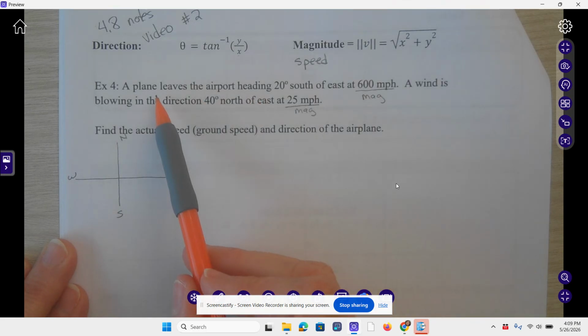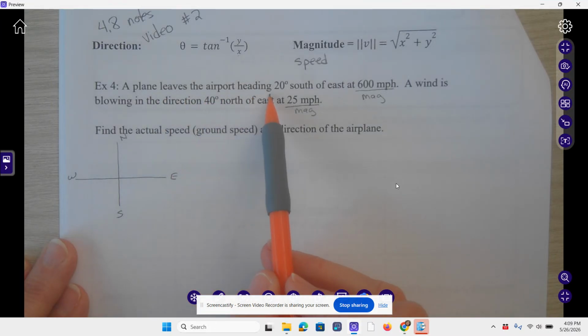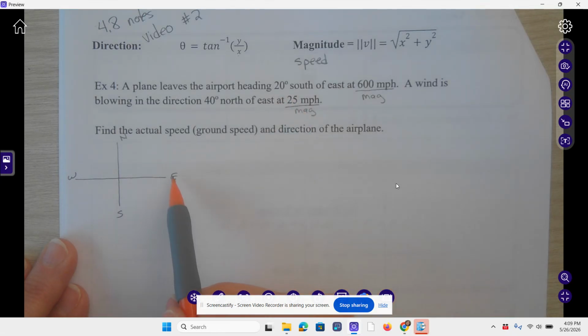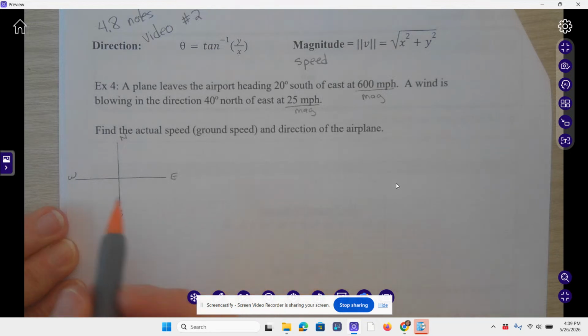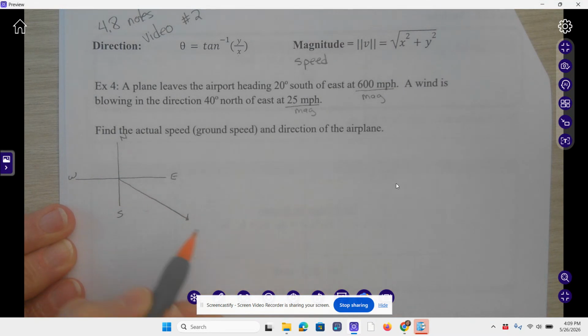Now let's see if we can draw a vector that represents the plane. So a plane is leaving an airport heading 20 degrees south of east. So here's east. South of east would be down here in what we call quadrant 4. So this vector will represent our plane.